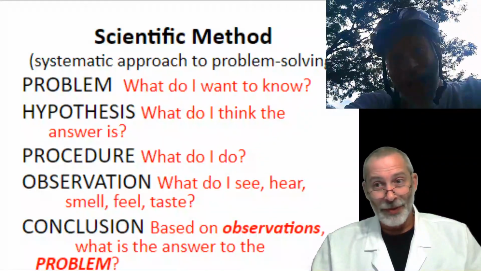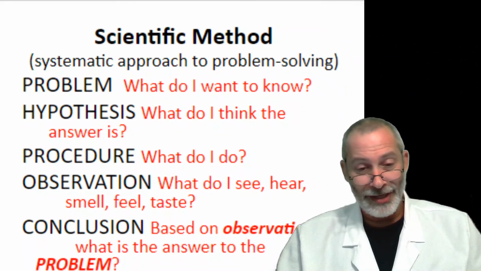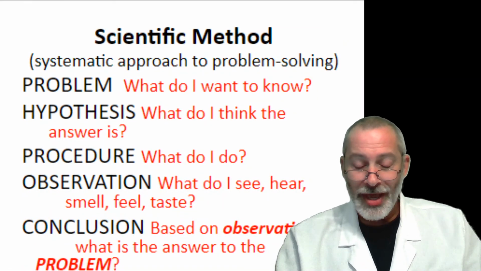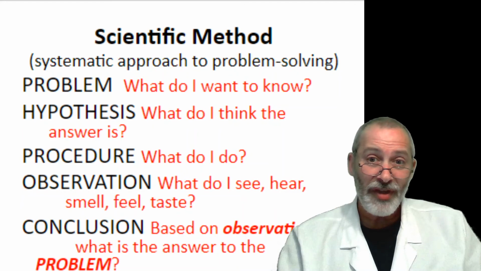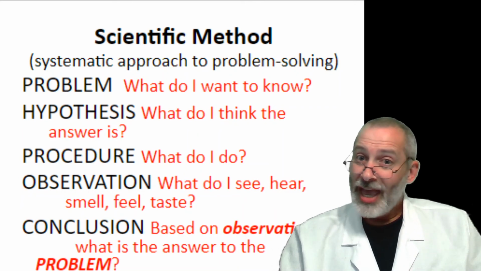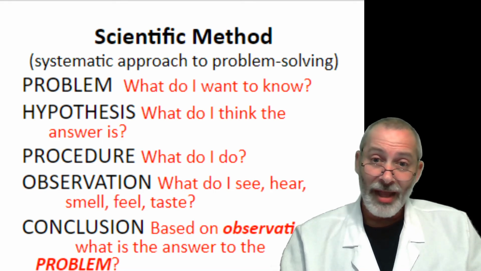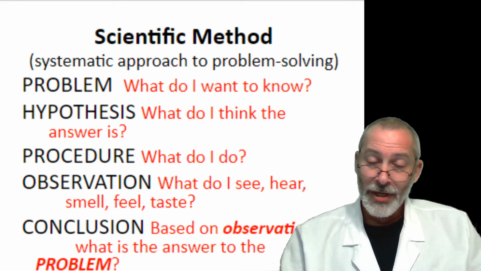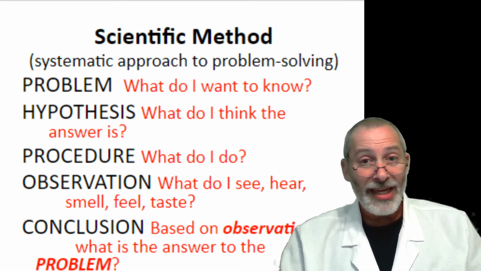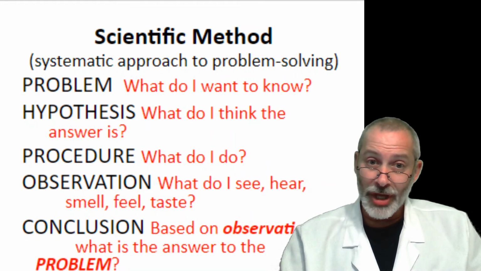Yippee! What a happy camper he is. So here we have used the scientific method to solve a common problem that you might encounter in life in general. So that is the scientific method in a nutshell.